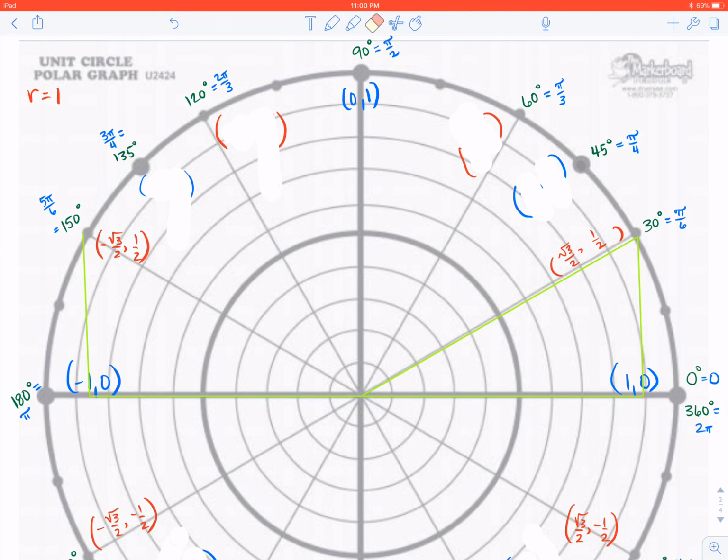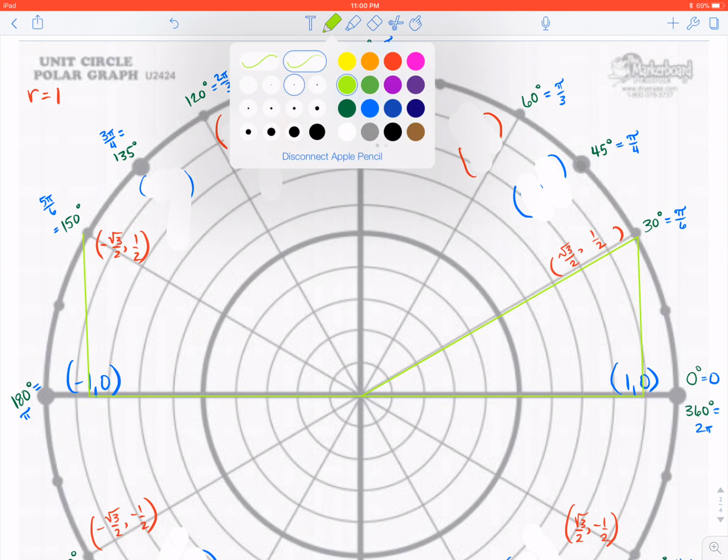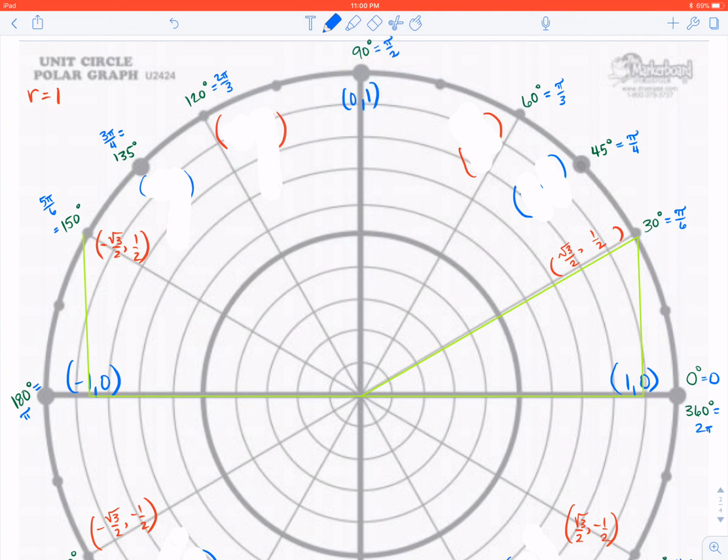Now these are not the only 30, 60, 90 triangles. The other spokes are also 30, 60, 90 triangles. So let me change the color of my triangle here. In this particular case, once again, let's draw the radius. Let's come down to the x-axis.